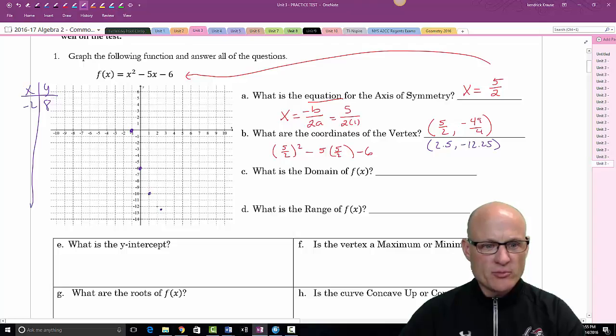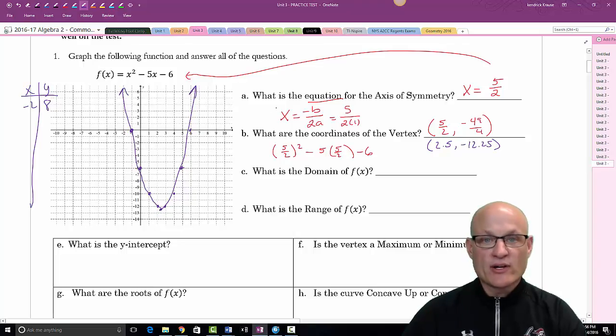And if you look at it, it'll be 2, negative 12. And then we'll just go the other direction. These are all going to be just mirror reflections over here. Oops. So, something like that. Try to hit the points. If it's a test day, do a good job. Some of you aren't very good at that.